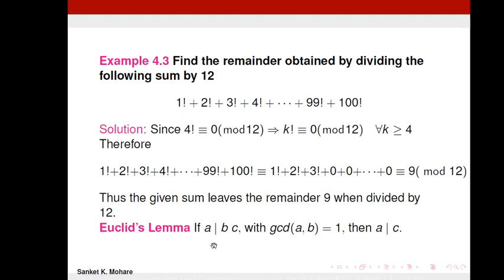So we use this lemma to prove the next theorem. What the lemma says, Euclid says, is if a divides the product of two integers bc and if GCD of a comma b is equal to 1, then a should divide c. So this is Euclid's lemma.